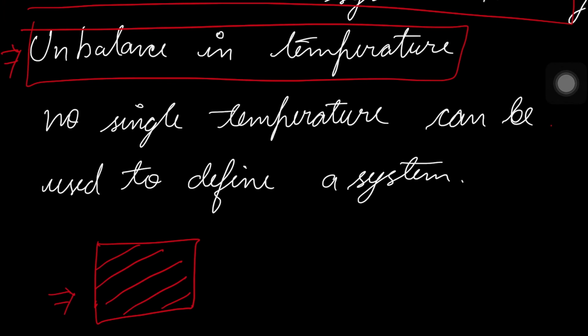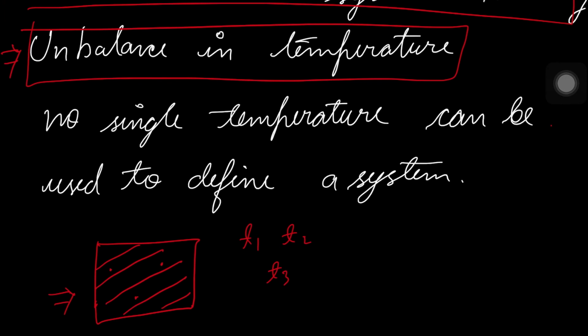But this metal surface has some deformities inside, or I don't know, some aliens dropped it here. Now when I calculate temperature at this point, I'm getting T1. At this point, I'm getting T2. At this point, I'm getting T3.